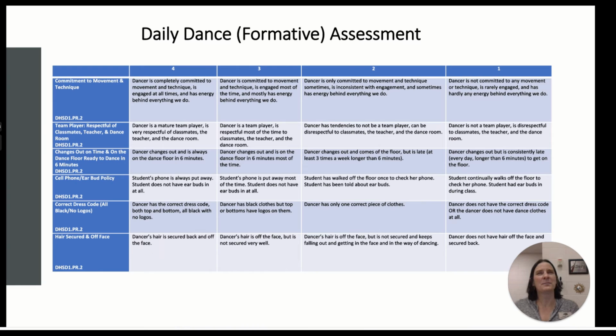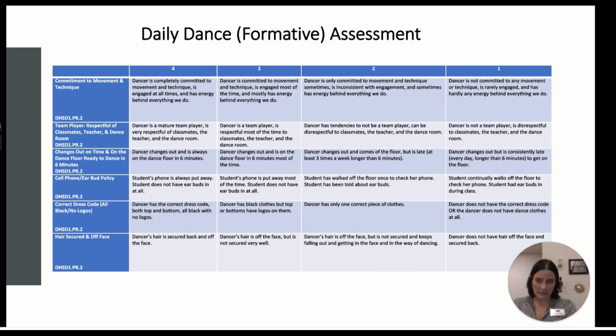And I was like, please tell me that you don't have your earbuds in, listening to music. She did. So, yeah, that went on there. And then I just added the cell phone for good measure. But yeah, I think some of them, sorry, I'm getting off topic. I think some of them just keep them in their ear and they forget. And I understand that. But I was like, we're in yoga. So added that on the daily dance assessment.